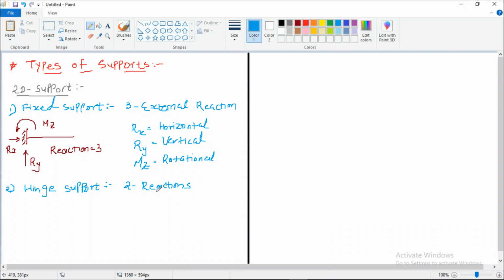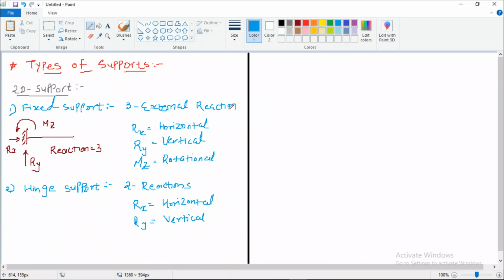Which are those reactions? First reaction is Rx, that is horizontal reaction, and second one is Ry, that is vertical reaction. So there is no rotational moment or rotational reaction possible in the hinge type of support.